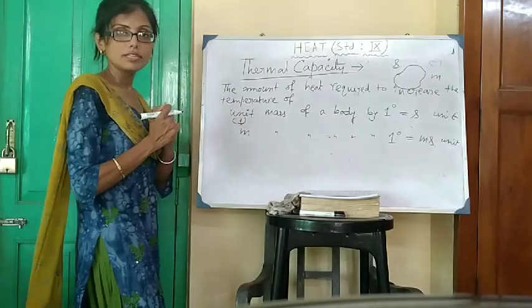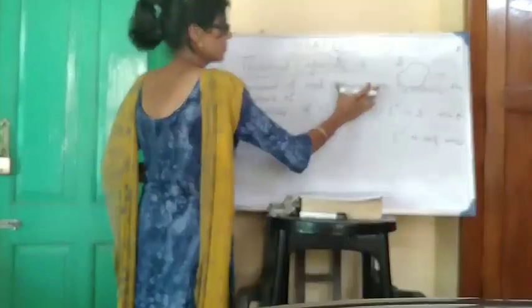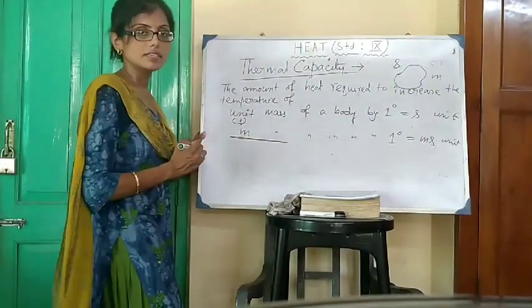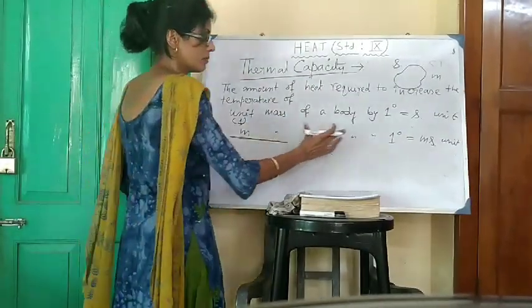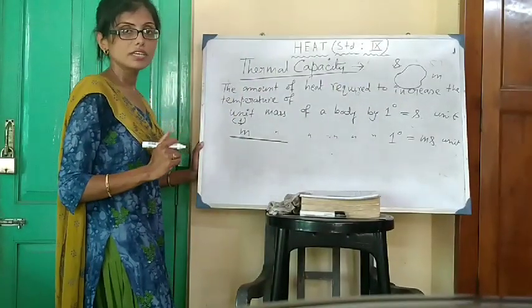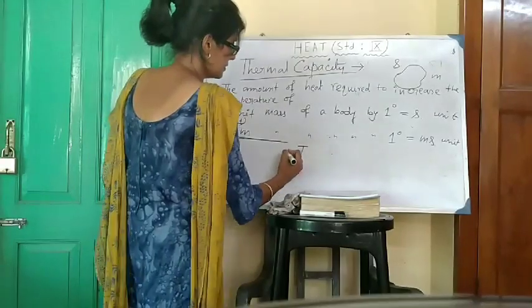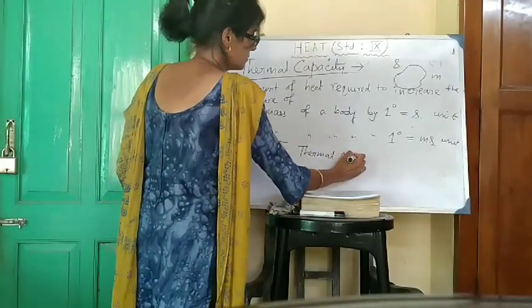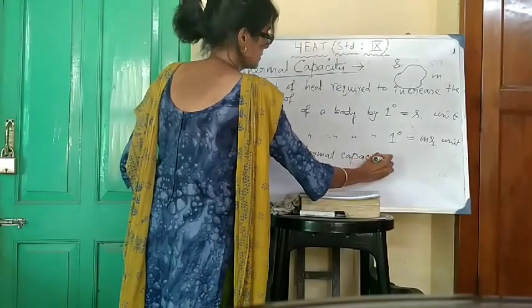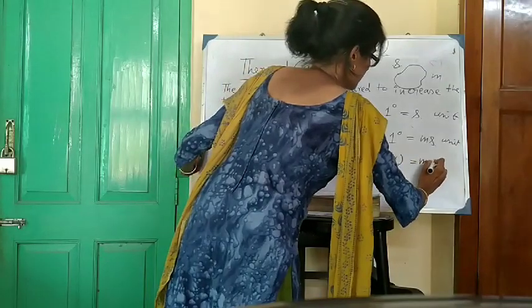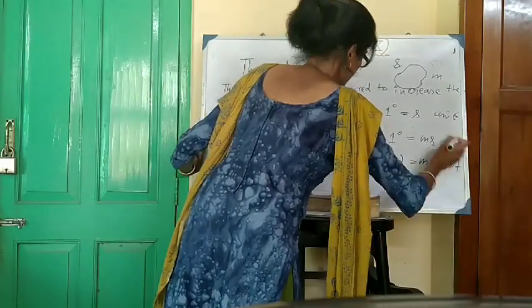Here in the calculation we got that the amount of heat required to increase the temperature of m mass of the body by 1 degree is ms unit. This m mass is any arbitrary mass. So according to the definition, we can conclude that thermal capacity, consider it as small u, is equal to ms unit.